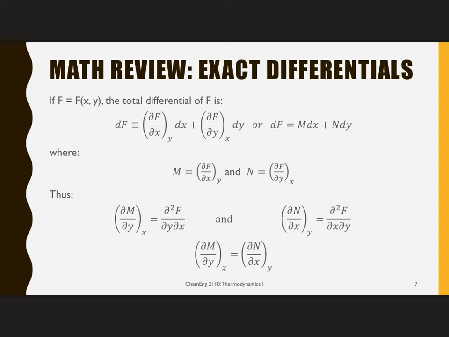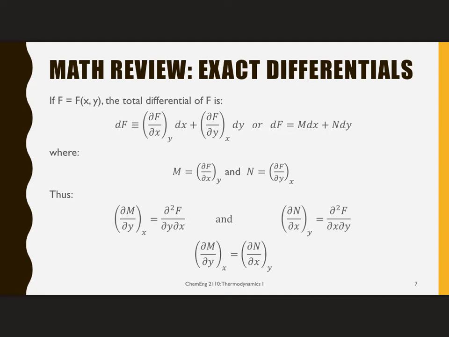And when we had an exact differential, we were taught that we could test for this by looking to see if the derivative of M with respect to y was equal to the derivative of N with respect to x. Because really what we're saying here, if M is df/dx, and now I look at the derivative of that with respect to y, I'm looking at the second derivative of f with respect to x first and then y.